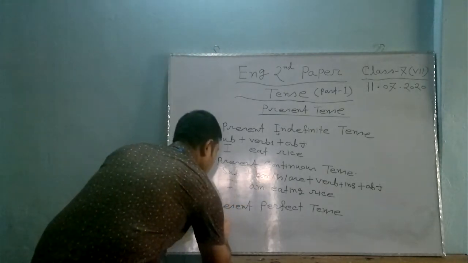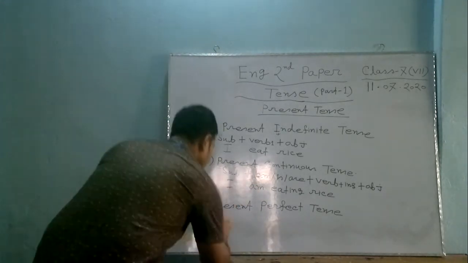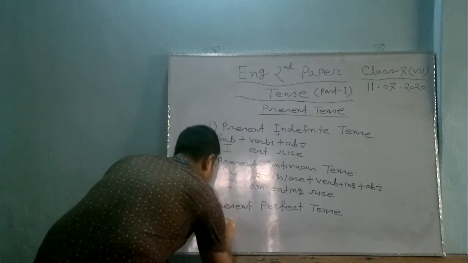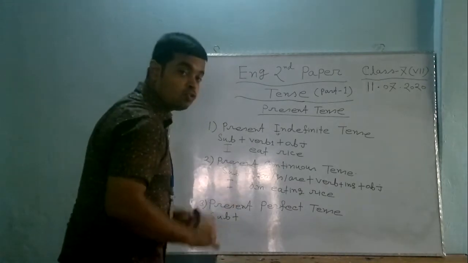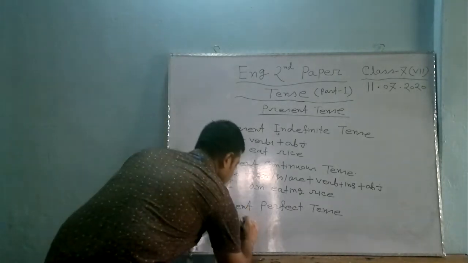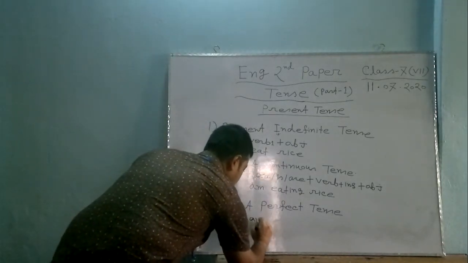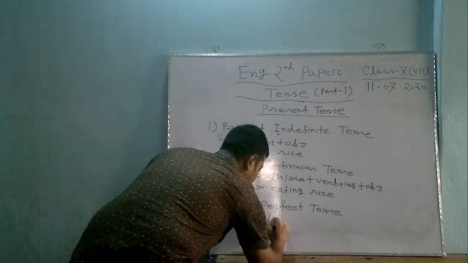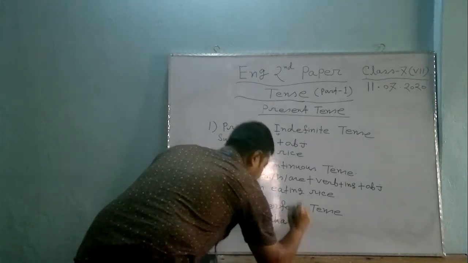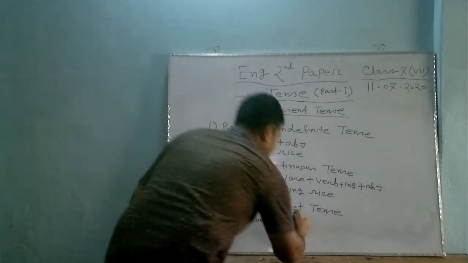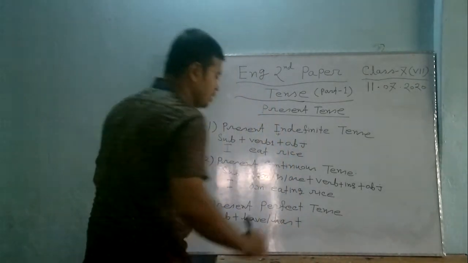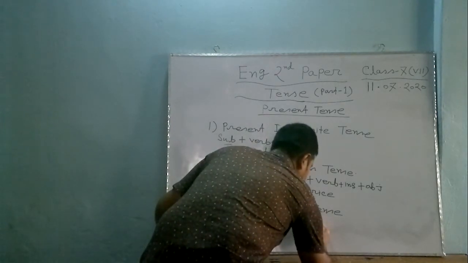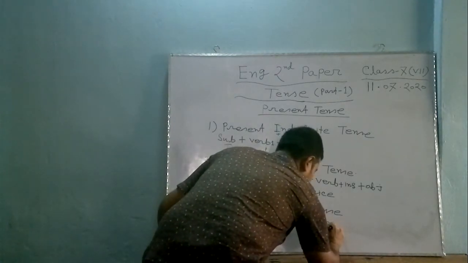Now we want to go to present perfect tense. The structure for making a sentence in present perfect tense is subject plus, here we use two auxiliary verbs, have and has, then verb 3.